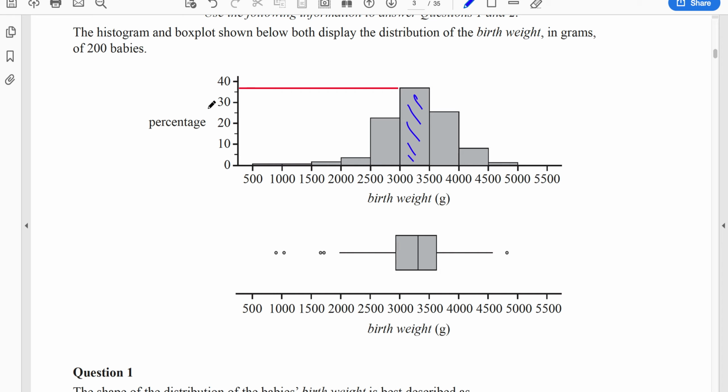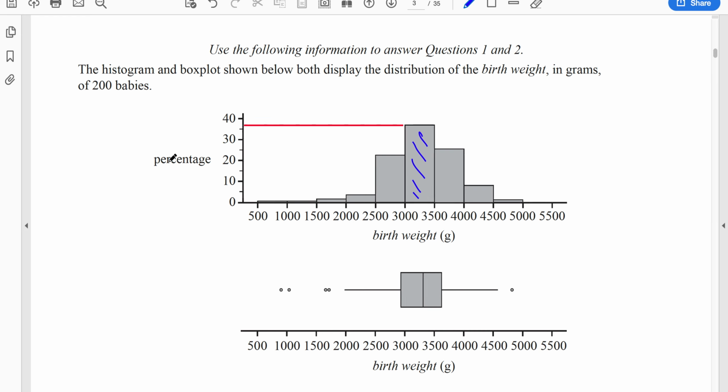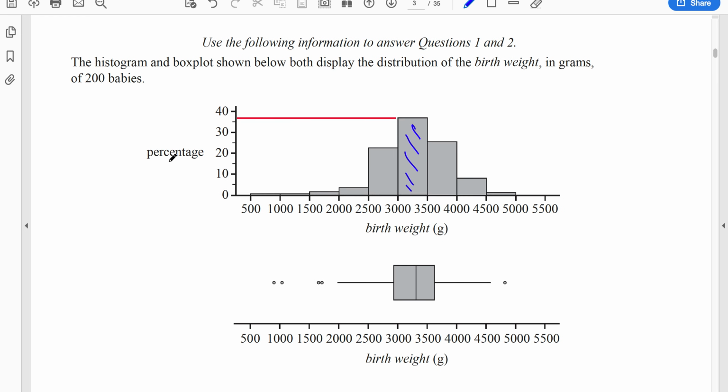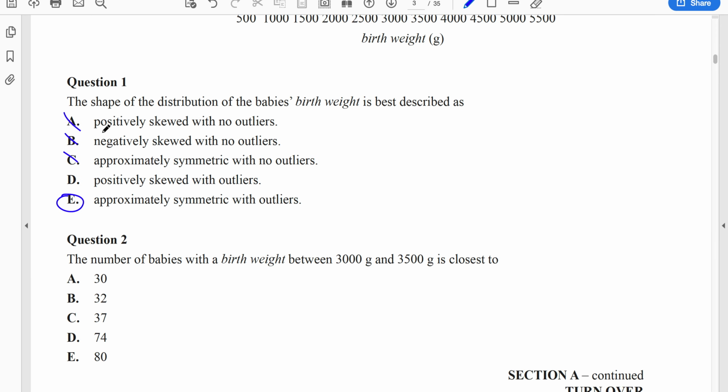But that means that we're working with 37% of the total number of babies, so the birth weights, I should say. So if we have a look at 37% of 200, there were 200 babies altogether. So 37% of the 200, and we get 74. So the answer to question 2 was D.